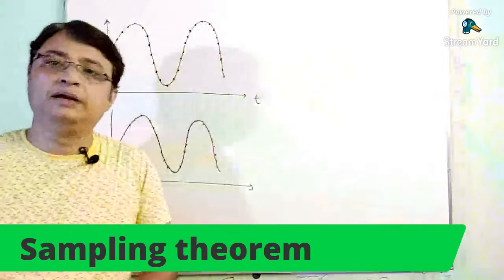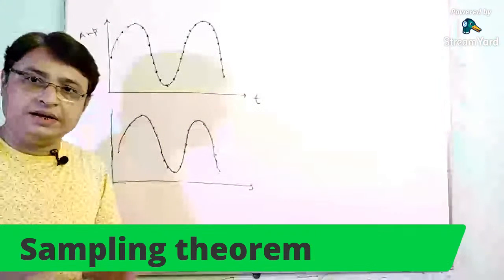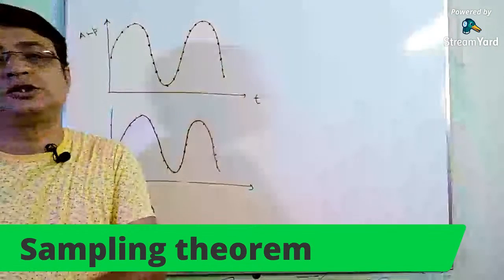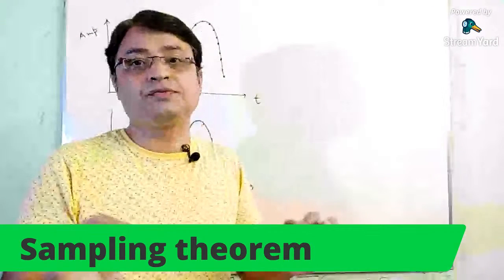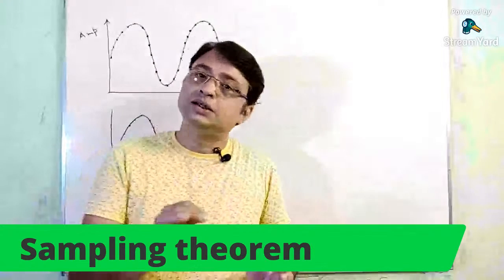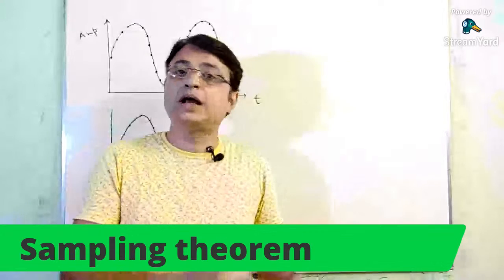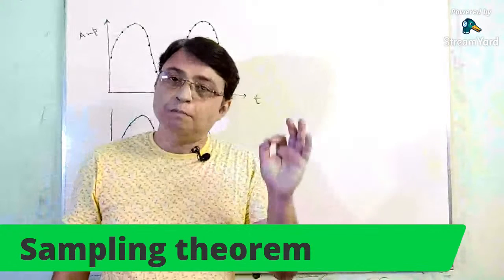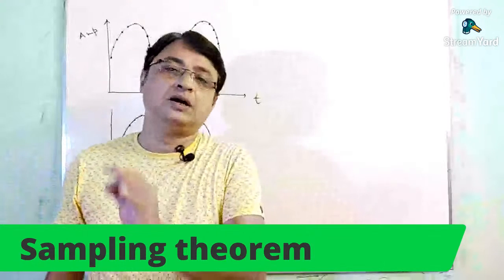For this, Nyquist has given us a rate of sampling. Nyquist told us that the sampling frequency should be greater than or equal to twice the frequency of the original signal. So if a 1 kilohertz signal is to be converted into its digital form, according to the Nyquist theorem, the sampling frequency should be minimum 2 kilohertz, that is twice the frequency of the original signal.